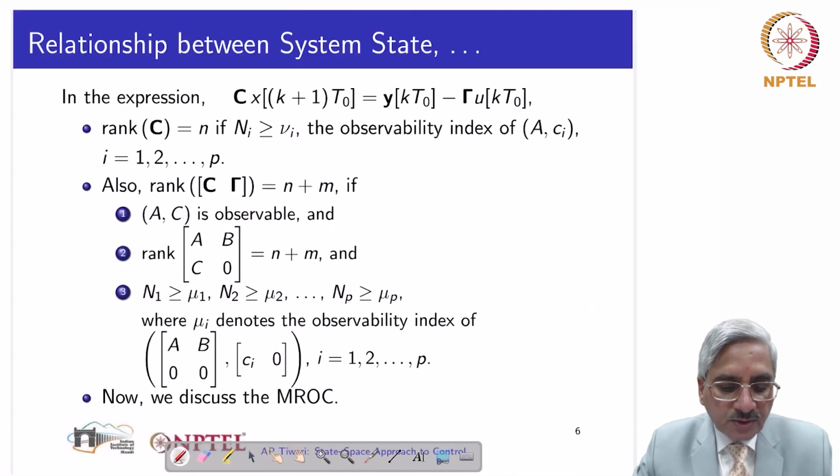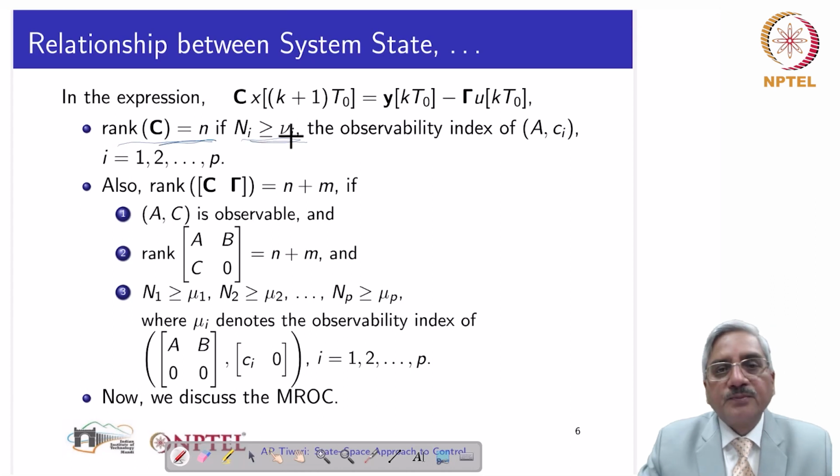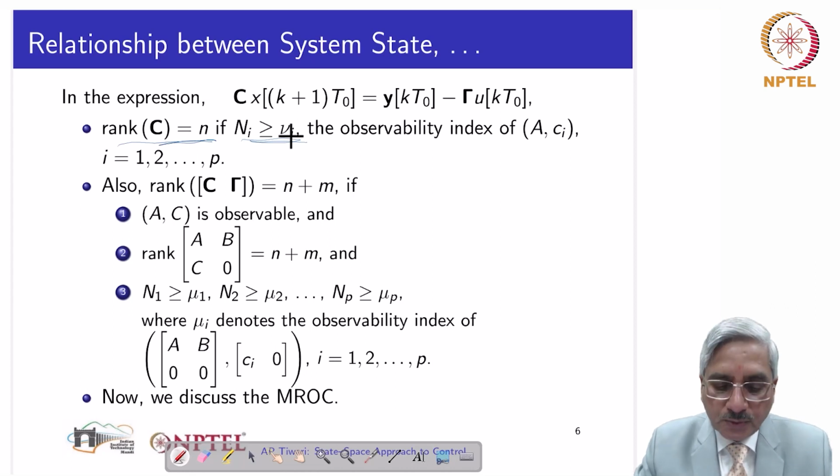We proceed further. We mentioned two important characteristics. First, rank C will be n subject to the condition that n1 is greater than the observability index of output 1, n2 is greater than the observability index of output 2, and so on for all the p outputs.